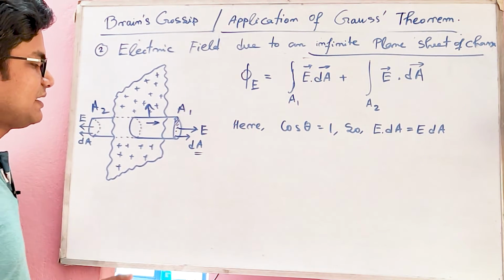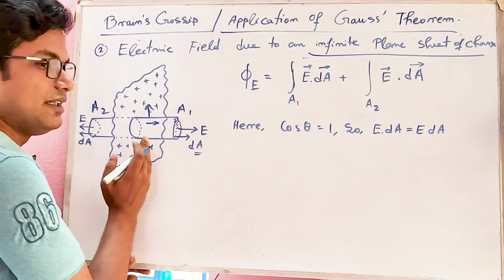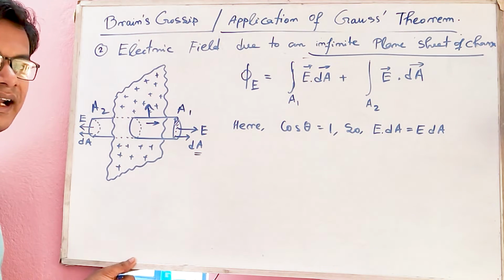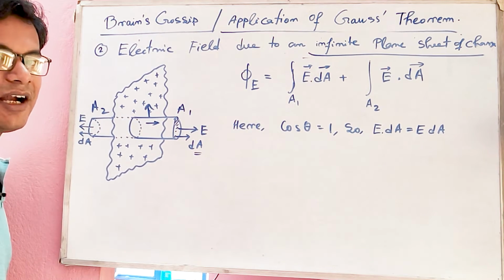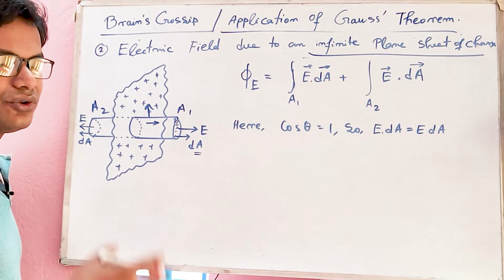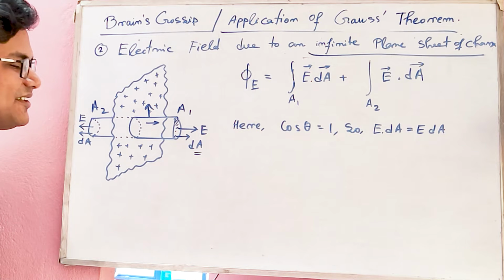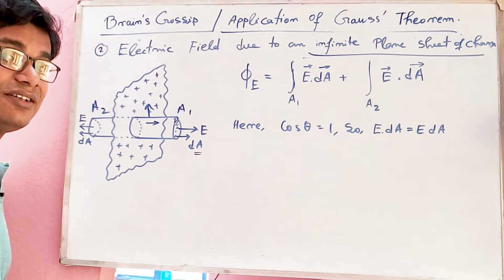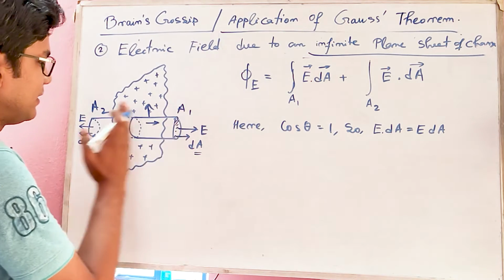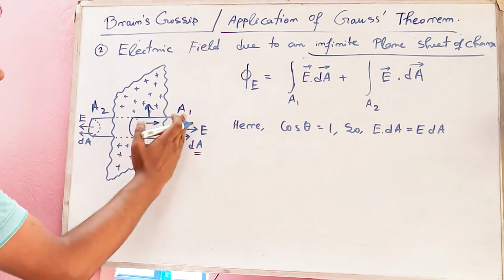Because the direction of the area vector is radially outward and the direction of the electric field is towards the axis, and they are actually perpendicular to each other. So we don't have to consider the flux for this curved surface. We will take the electric field only for the upper and the lower portion, that is A1 and A2.